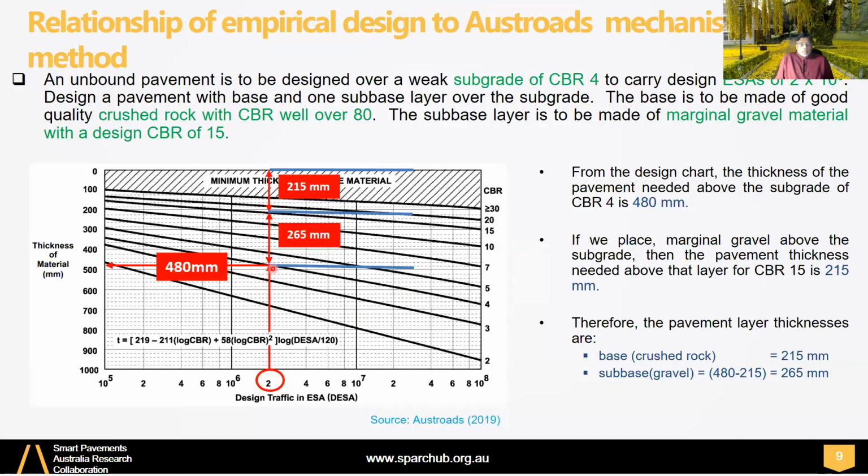If you have marginal material with CBR 15, you can go to 15 as the sub-base layer, and then this thickness, 265, can be used for the sub-base layer of CBR 15. And what's above will be your crush rock layer, 215. So in summary, a base layer of 215 and a sub-base layer of 480 minus 215, which is 265. So that pavement is a 2-layer base system over a subgrade of 4.